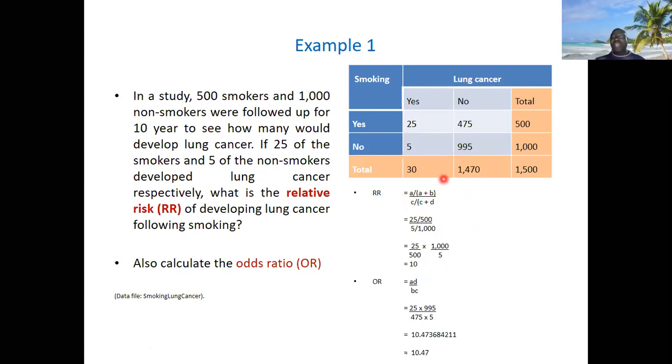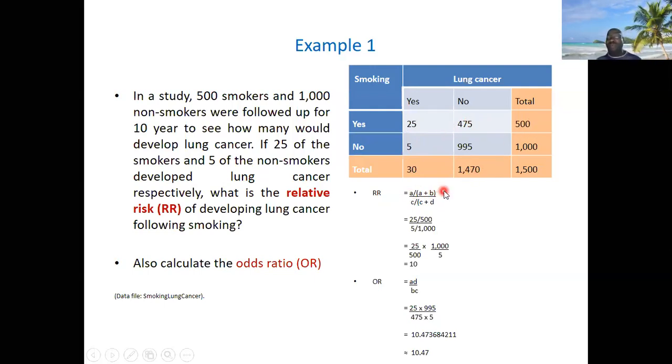So relative risk now will be the risk among the exposed divided by the risk among the non-exposed. Simple. So it's like a way of saying this 25 is the A. The cell is the A. Then this 475 is B. 500 is A plus B. And that is why the risk there is 25 over 500, which is A over A plus B. Because the addition of 25 and 475, these two cells make all the 500.